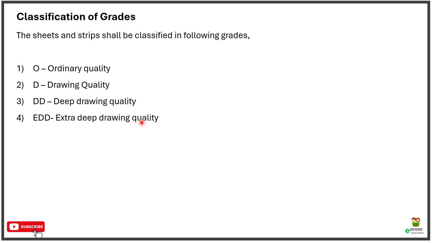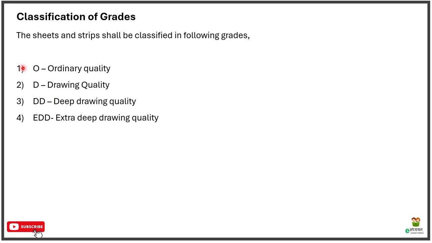This classification is based on the use. The sheet which is going to be used for deep drawing process is classified DD or EDD because it can be easily drawn for the deep drawing process. O ordinary quality cannot be deep drawn.